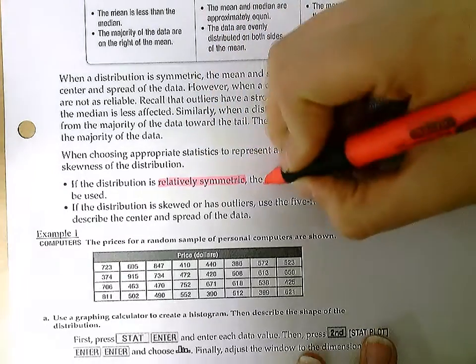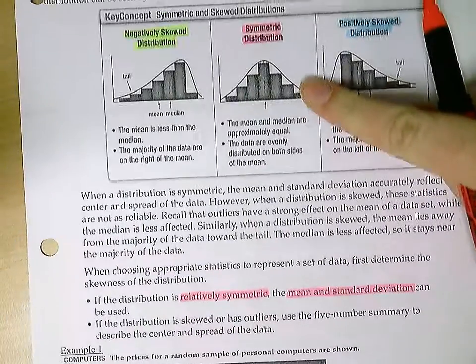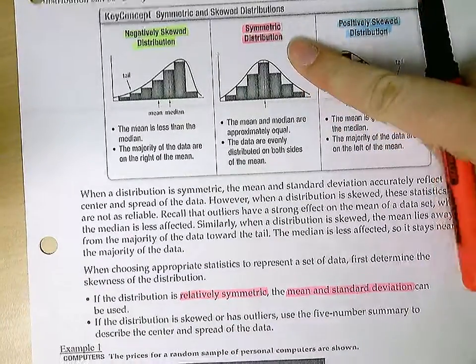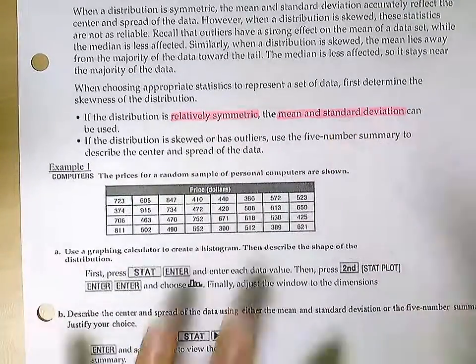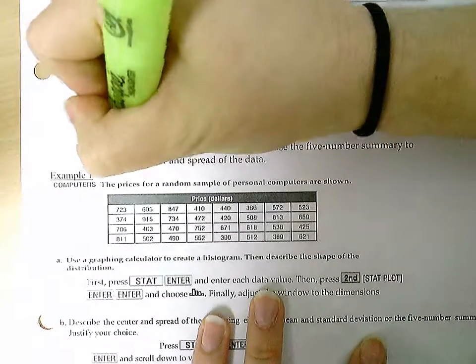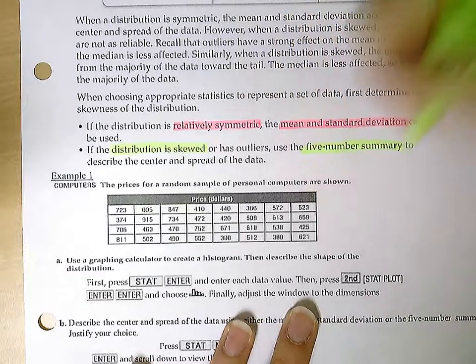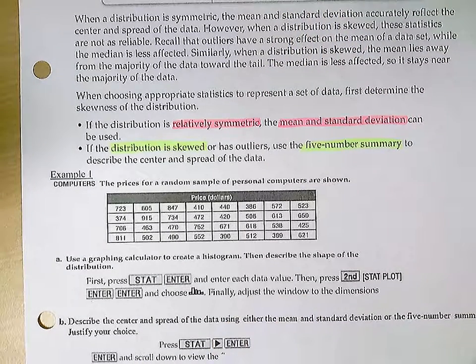If it looks like this middle one up here, which I highlighted pink, then you'll use the mean and standard deviation to identify what's going on in your histogram. If your distribution is skewed, either negatively or positively, then you want to use the 5-number summary. Those are your quartiles and your min and your max to describe your data.